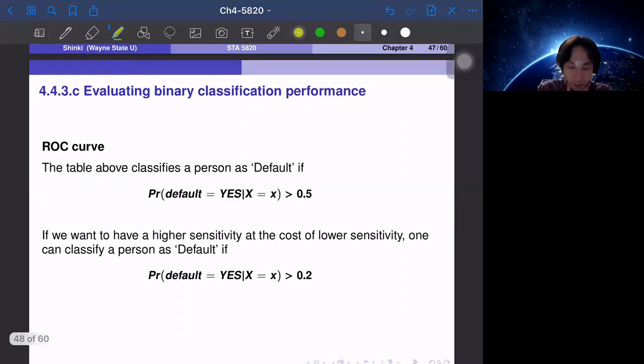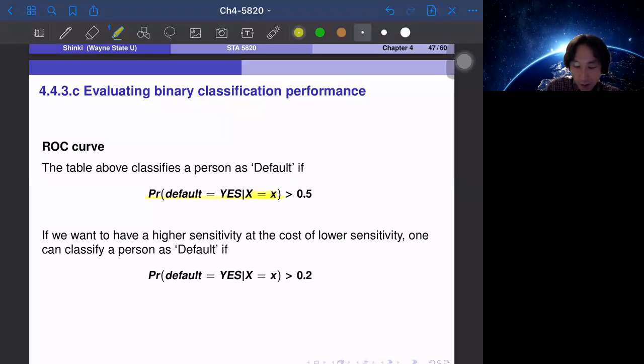Now that we think about that kind of problem, our observation is x, so our predictor is x, and given x, how do we make the decision, how do we judge if the person will be in default or not?